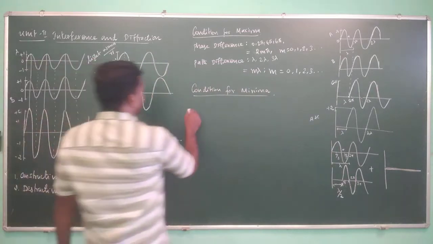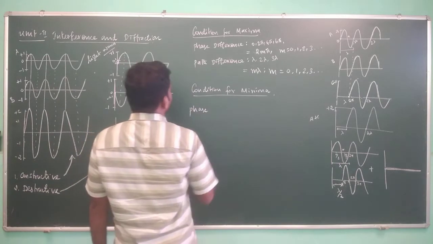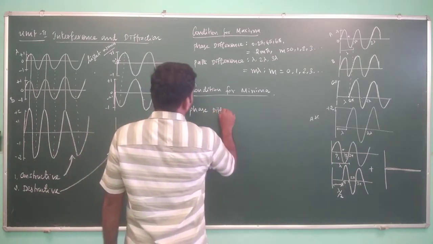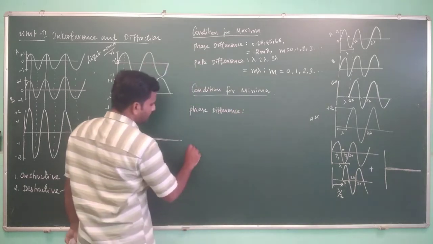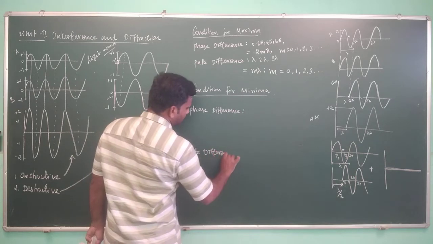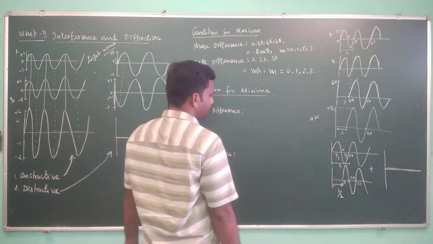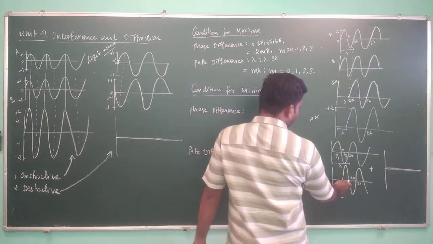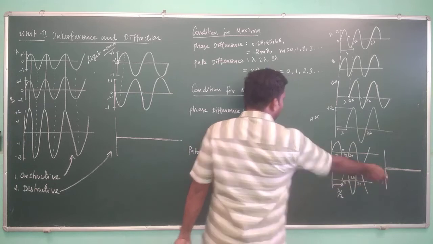Now, for destructive interference to happen, or the condition for minima, what would be the phase difference? What would be the path difference? When the phase difference is pi and 3 pi, 5 pi, right?